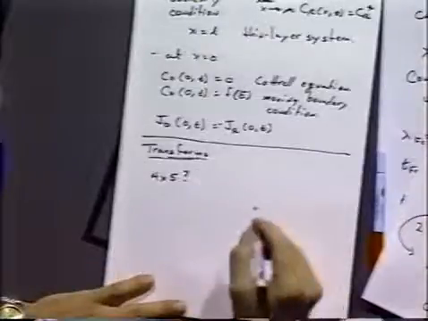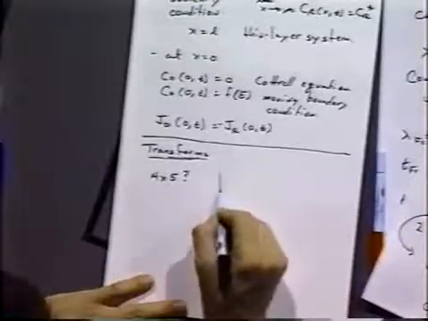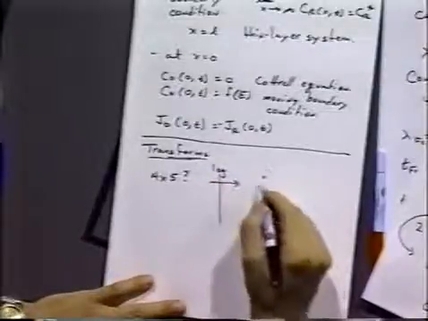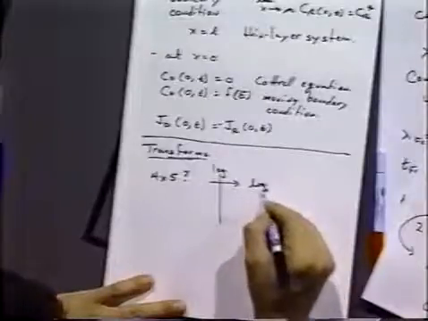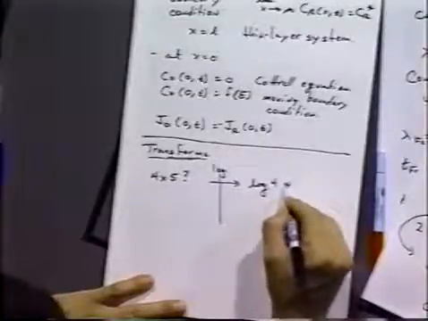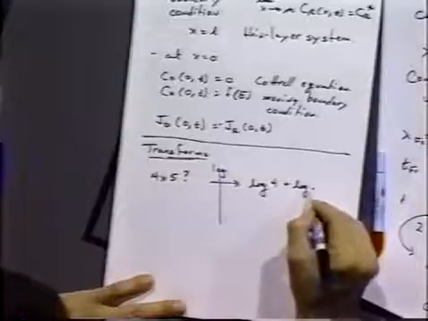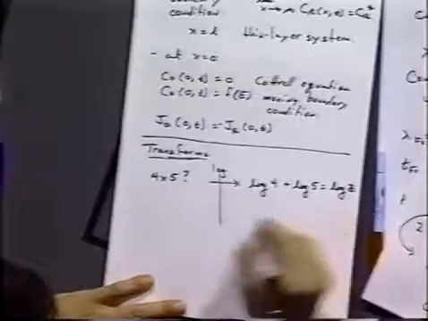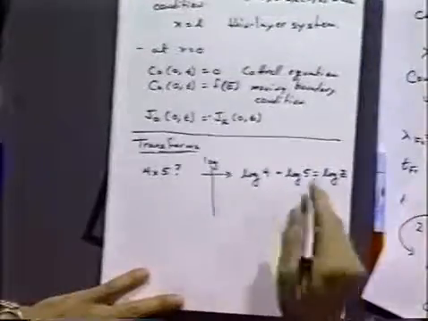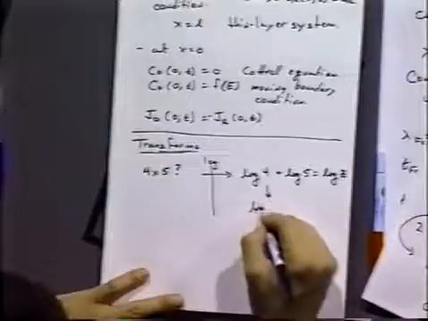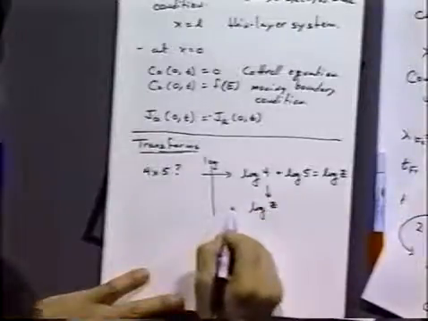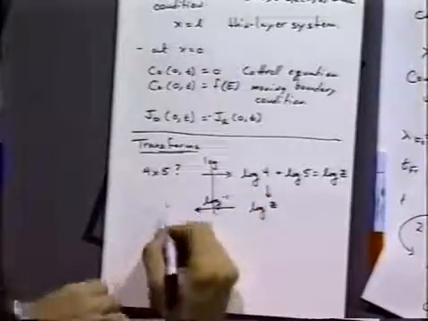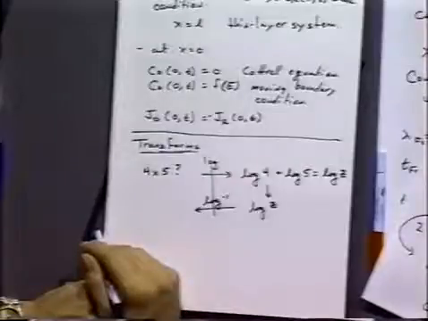For example, if I take 4 times 5 and transform it into logarithmic space, in the transform space this equation is true: log of 4 plus the log of 5 is equal to the log of our answer. Let's call it z. Since all we need to know is log of z, once we do the inverse transform, we can return to normal space and find our answer.